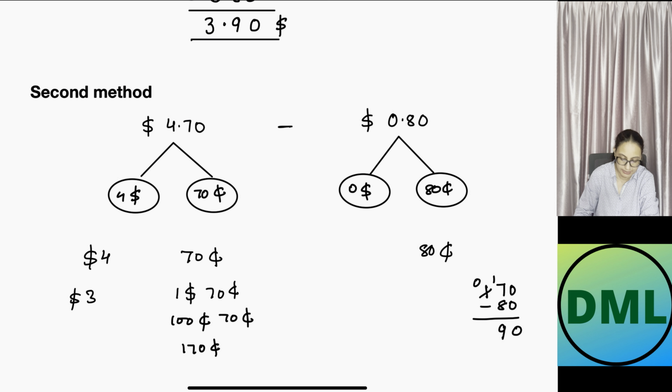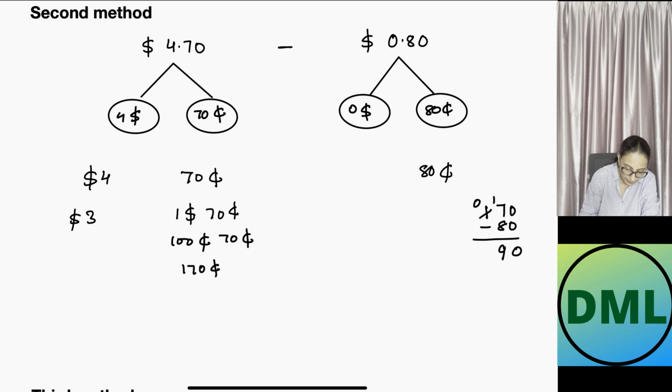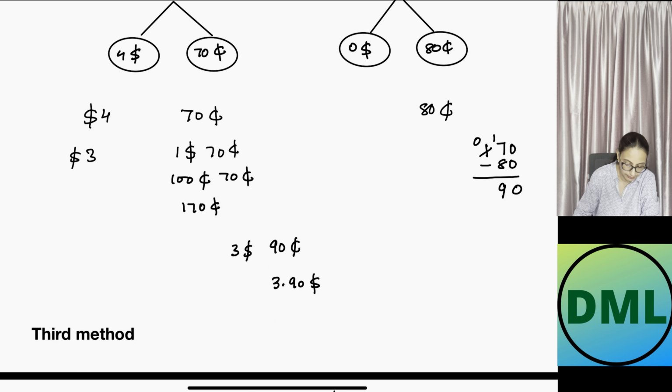That is 90 cents. So the answer is coming up here, 90 cents. How many dollars do we have? We have $3 here and $0 here. We need to subtract it. 3 minus 0 is 3 only. Let's write down $3.90. Let's solve this question with the third method.